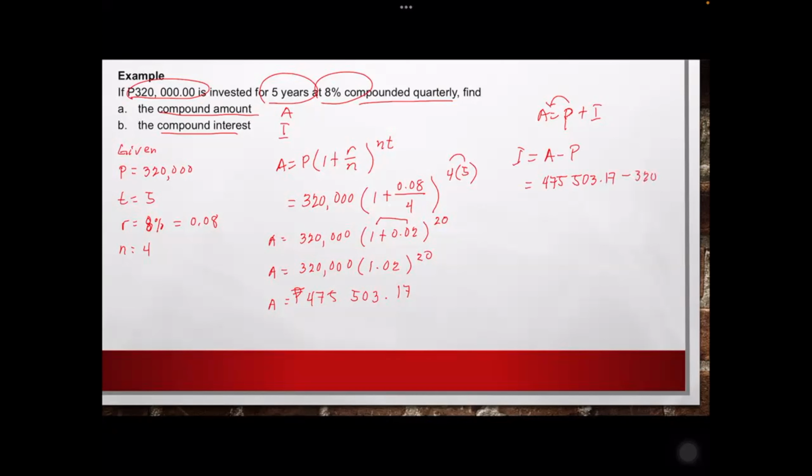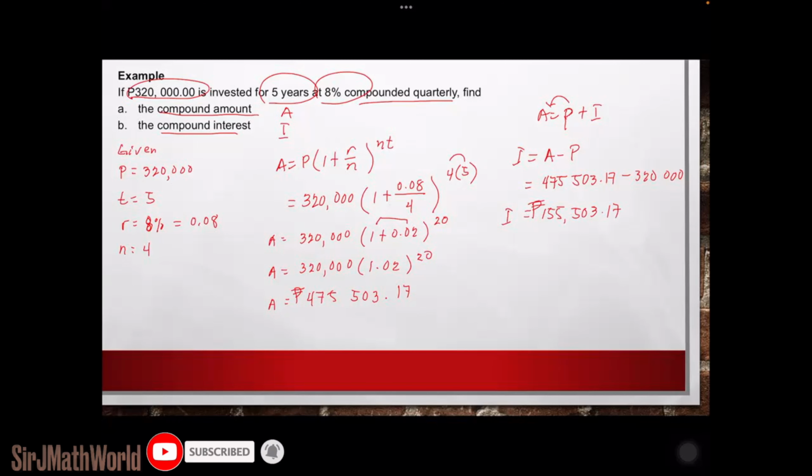So, what will be the I? 155,503 po, 0.17. 155,503.17. Okay? So, yun po yung ating compound interest.